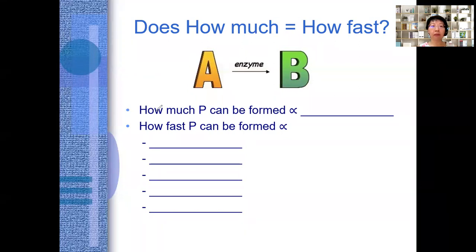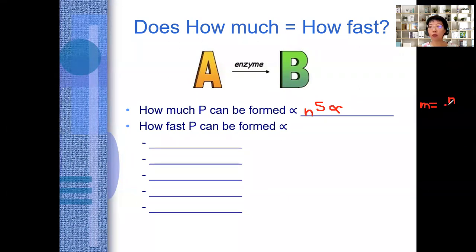So fill in the blank. How much product can be formed depends on what? Pei-Wen? Amount of the reactant. So the mole of the reactant, very good, which is actually the mole of the substrate, right? So the mole of substrate is also dependent on what? Based on the formula, mass is equal to mole per volume.